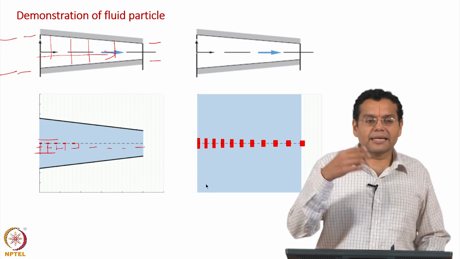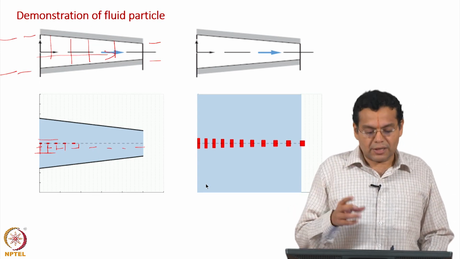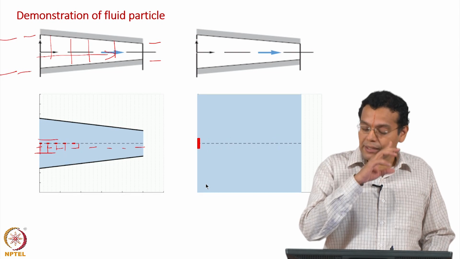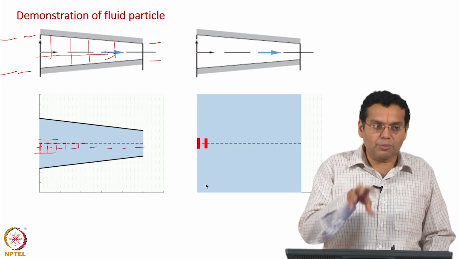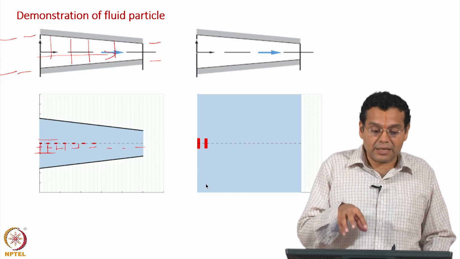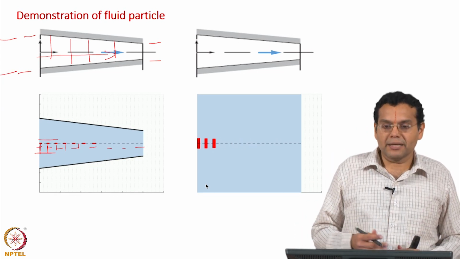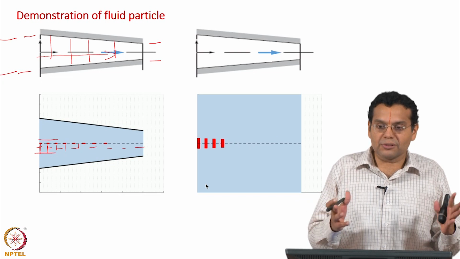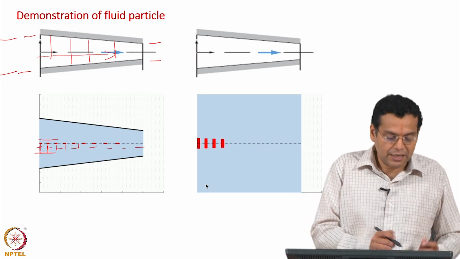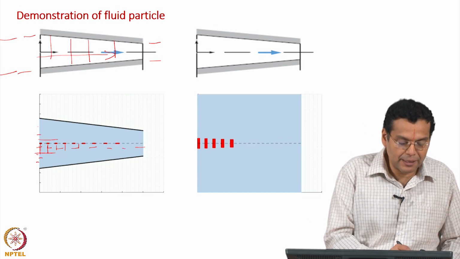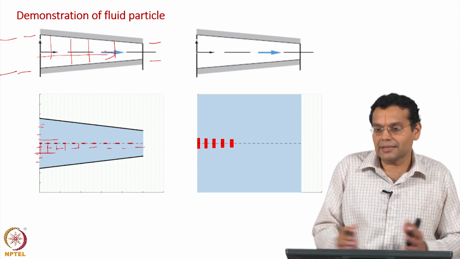Now, these two simulations summarize in terms of video the sentences which were described earlier. What did we say? A fluid particle is a small deforming volume, that is what we are seeing here. It is small so that we capture what is happening in the flow domain. It has enough number of molecules so that there are no molecular uncertainties, and of course small, as we have seen, so that we can consider many fluid particles and describe what is happening in the entire region.